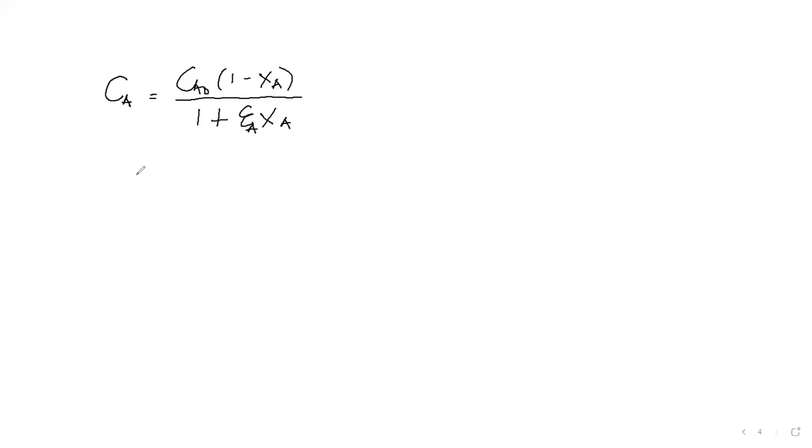Then we determine the corresponding formula for XA. Now, in our PowerPoint presentation, it was given already what should be the formula for XA for variable volume reaction. Now, so that we will not anymore derive, but we can actually derive. So you have Ca (1 plus epsilon A XA) is equal to CaO minus CaO XA.